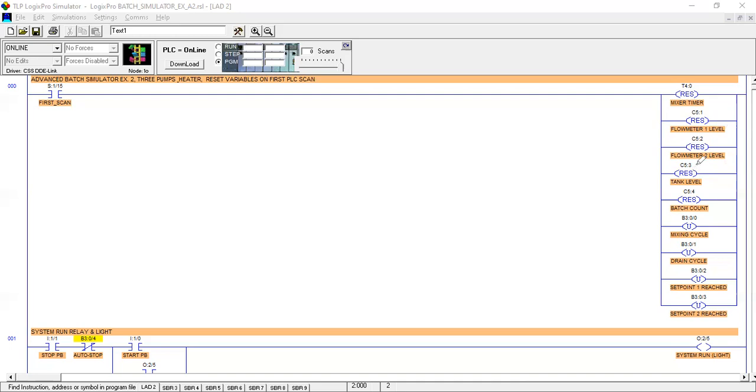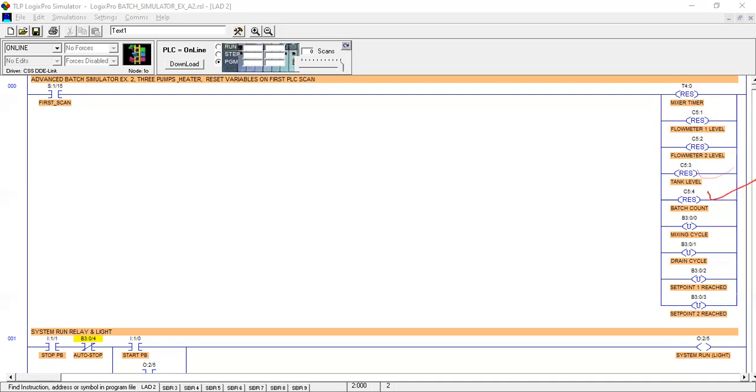From the tank level, we have also added a counter, and we will take a reset bit for resetting all the values of this counter.